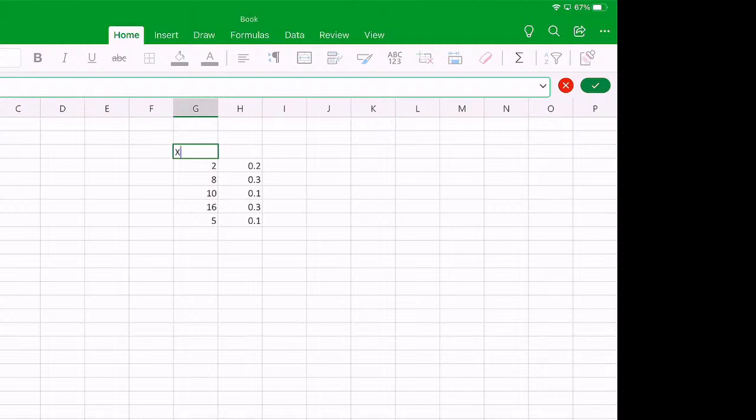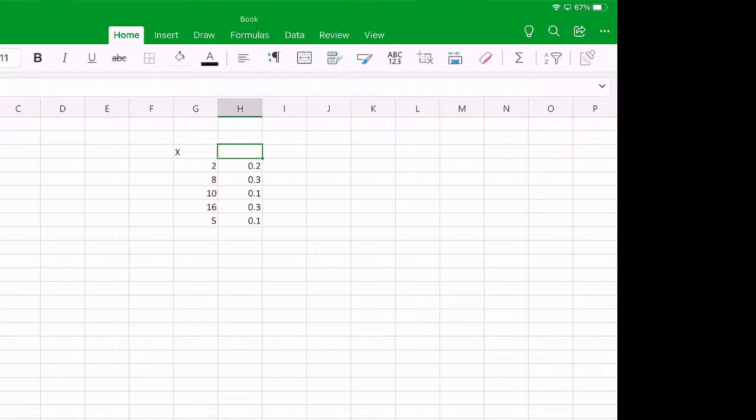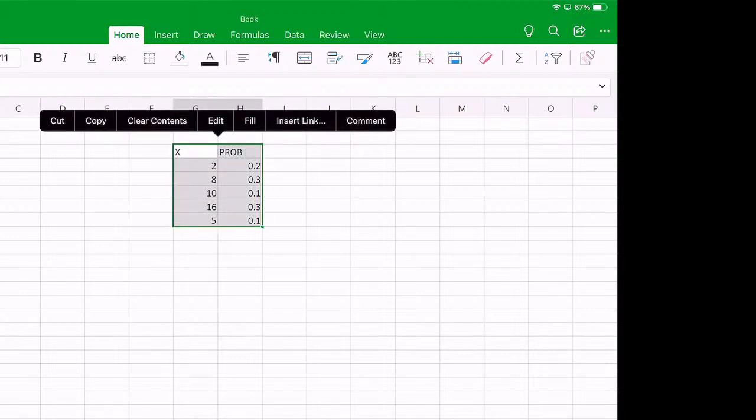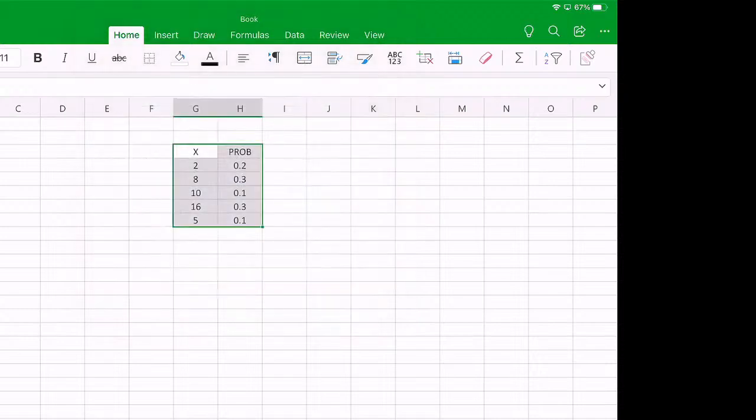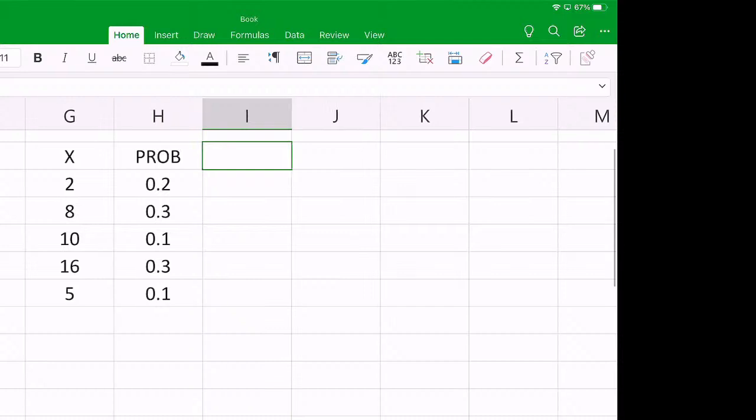It always gives me a capital. And these are PI. Not sure why that happens. I'm going to just write prob. And what we're going to do is first, let me make it a little bit bigger.